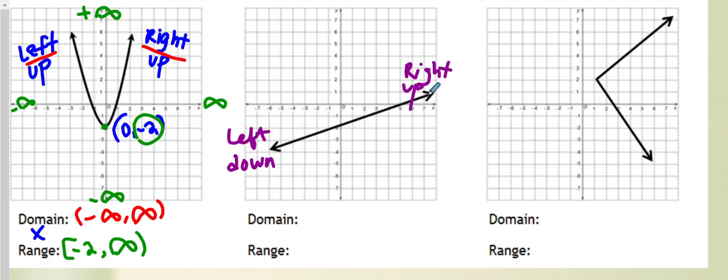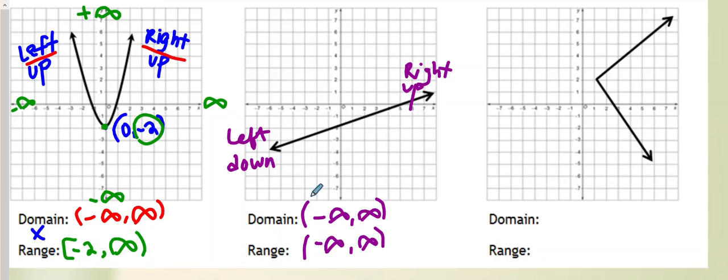So if we're going all the way left, all the way right, that means it's -infinity to +infinity. And all the way down and all the way up, again, would be -infinity to +infinity. Okay, so for my domain and range, if I have a line that has a slant to it, that has a slope, it's always going to be -infinity to +infinity for both.